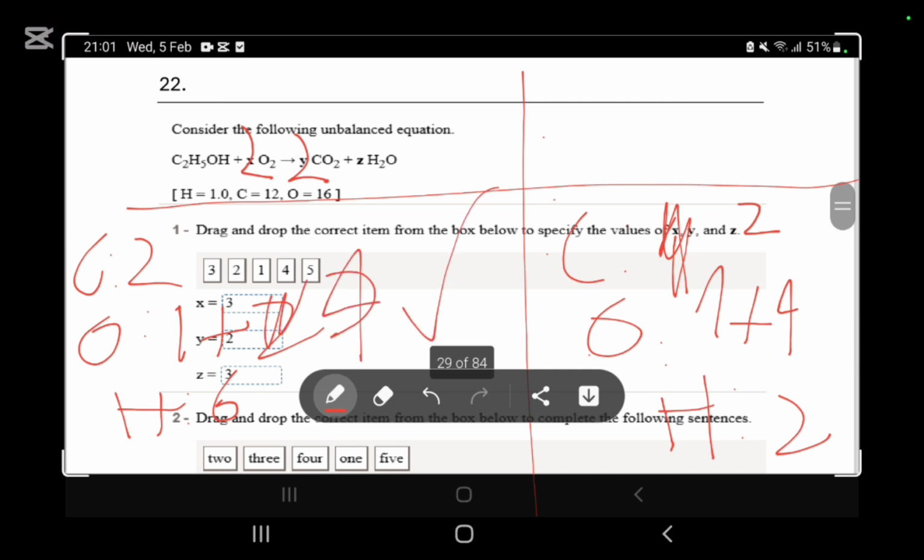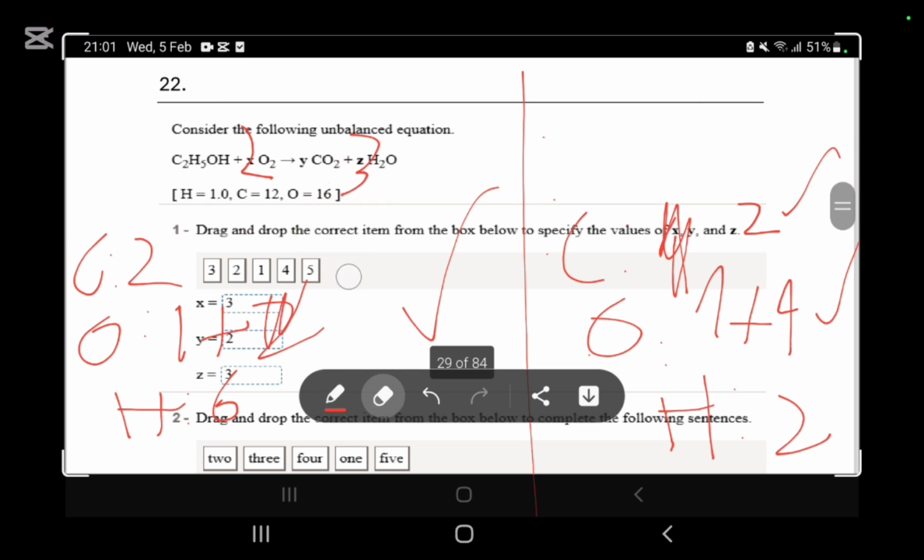Okay, so this is balanced, this is balanced. So it's just the hydrogen. We're gonna have to do times 3, which means this will be 3, and then this will be 6. So, just wait.